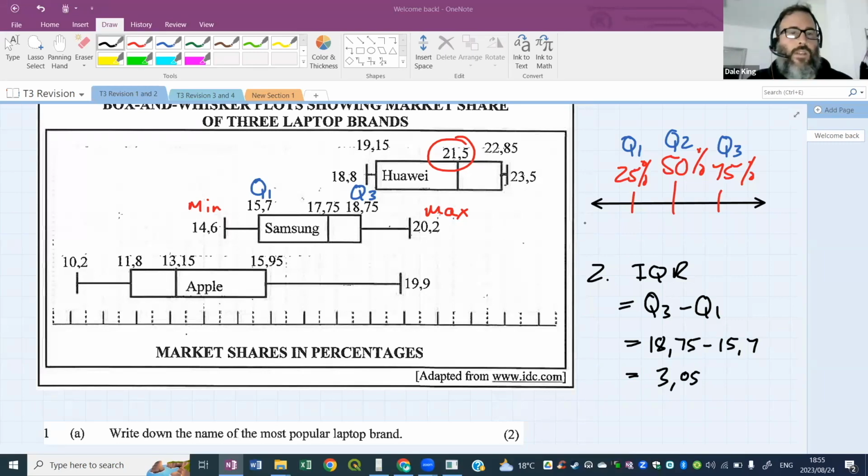So this person says that 75% of Apple's market share is below 15.9, 16%. Is that true or not? Valid or invalid? Kagiso saying valid. 75% of Apple's market share is below 16%. True or not?